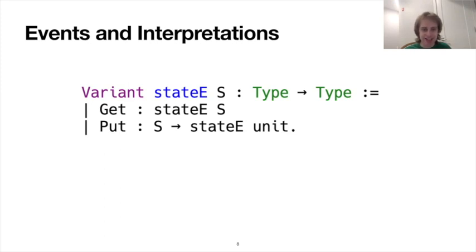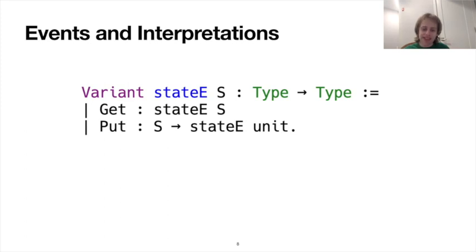stateful computations. This, unsurprisingly, is not an accident, because we define a function called an event handler that takes elements of stateE into state computations. In particular, it takes get to get and put to put.